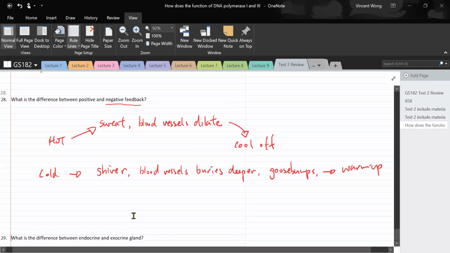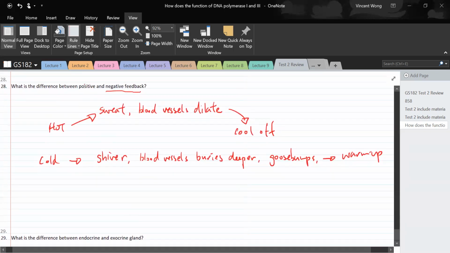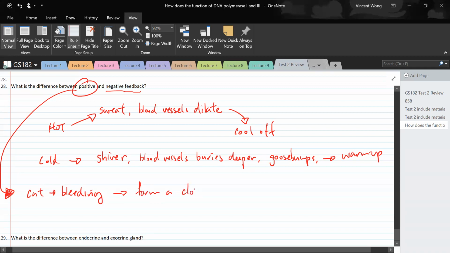Internal balance. Sometimes you will have positive feedback in the body. I'll just give you two examples. Positive feedback, like if you have a cut. If you have a cut, you're bleeding. And then you will start to form a clot to stop the bleeding.